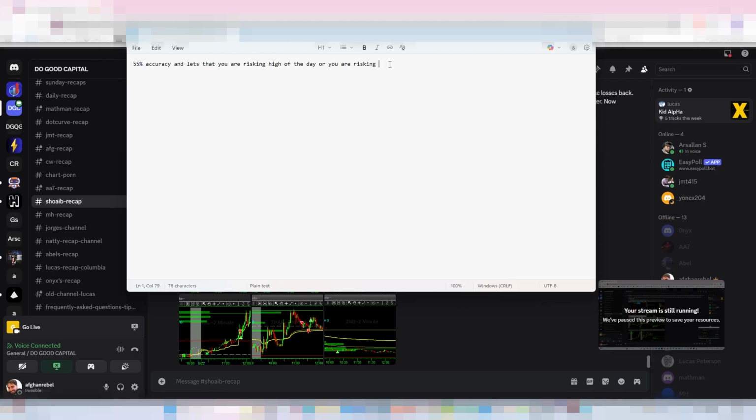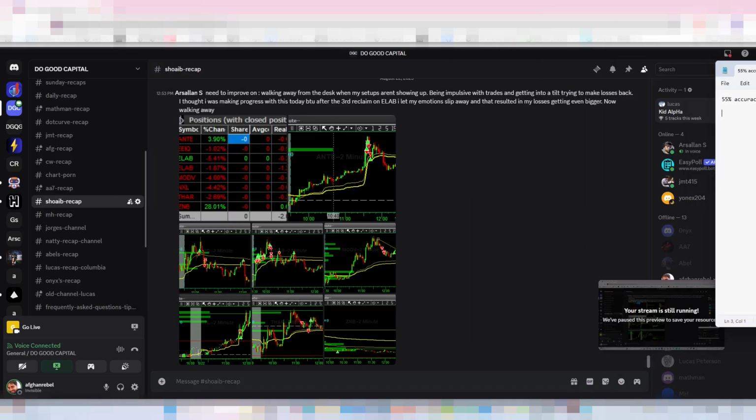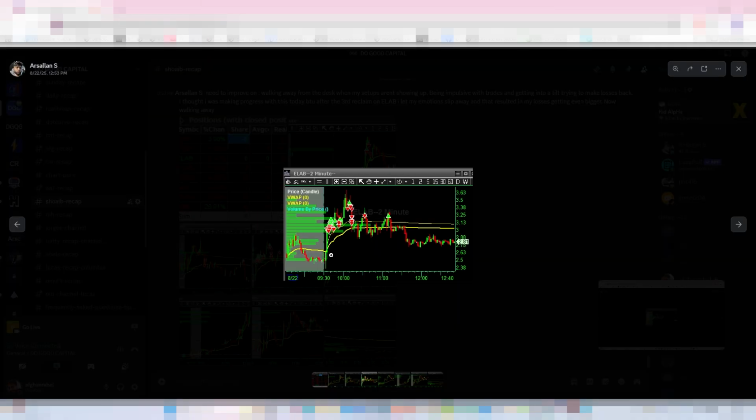Let's say 55%, and you are risking the high of the day or VWAP. Now, each time we guess within the parameters, that actually reduces our accuracy. So let's say you're able to define this setup, which you should be able to in Flash very soon. This is a failed breakout, and then you risk the high of the day. The accuracy is very high.